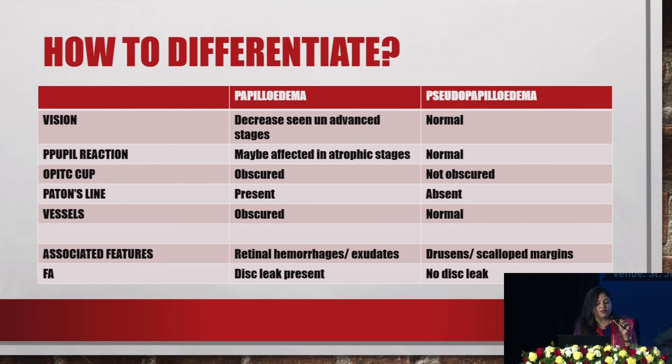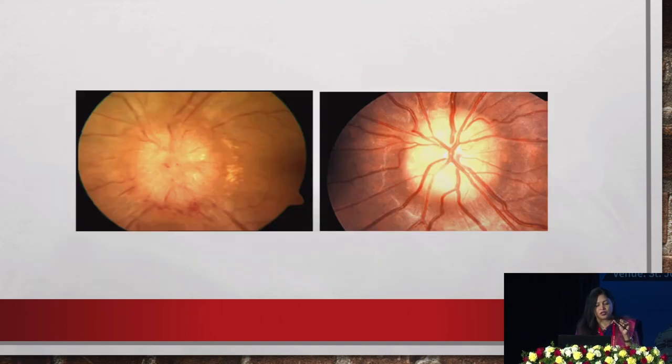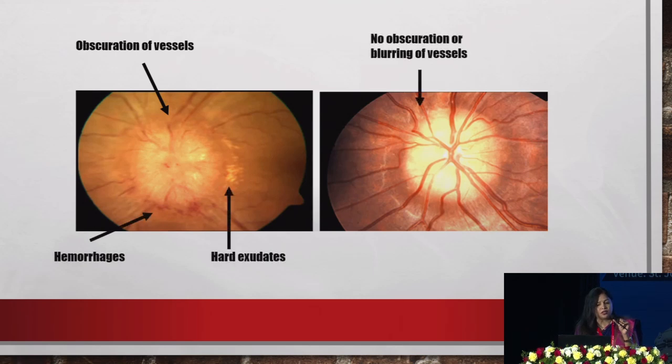The optic cup is totally obscured in papilledema, and you see patterns, lines, and associated peripapillary retinal hemorrhages, which are seen in papilledema but not in pseudopapilledema. So in the first image, you can see obscuration of the vessels and hemorrhages, and in the second image, there is no obscuration or blurring of the vessels, and no associated hemorrhages or exudates. So the first one is true papilledema, the second is pseudo.